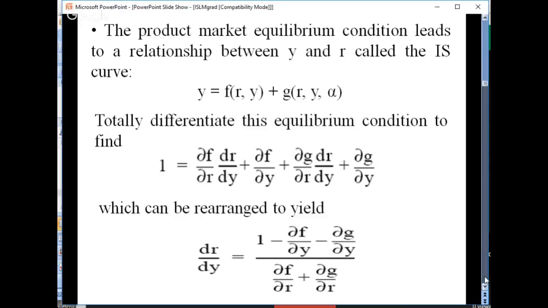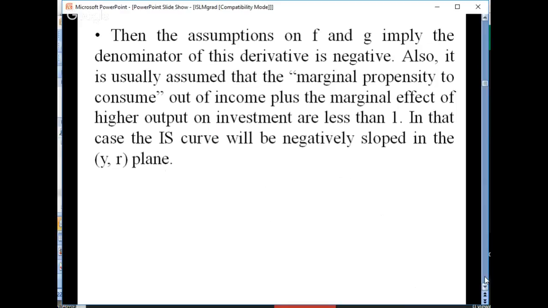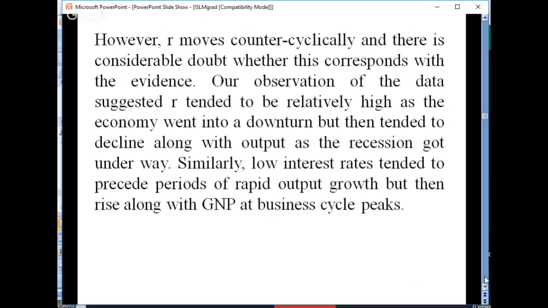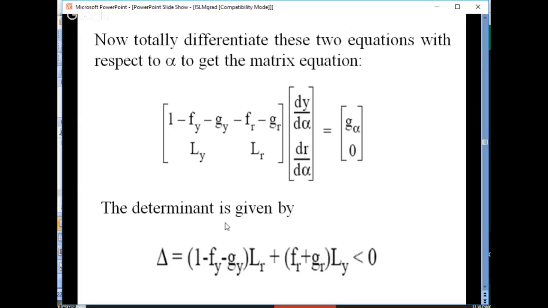Then I take those and set up a matrix equation. Here I have 1 minus f of y, minus g of y. Here I have negative f of r, minus g of r, where f of y is simply the partial of f with respect to y, and g of y is simply the partial of g with respect to y.